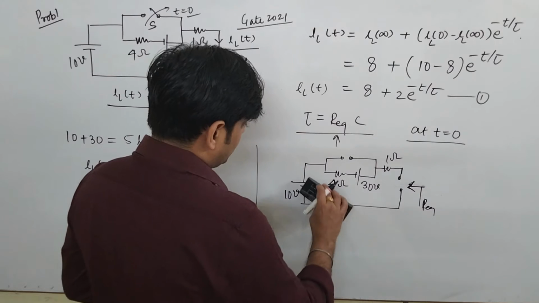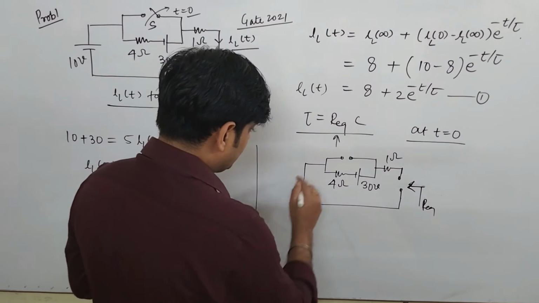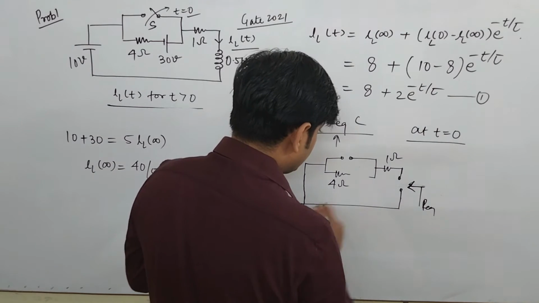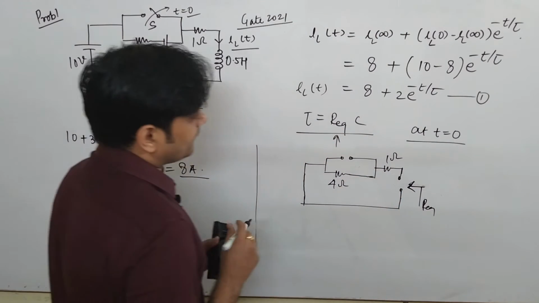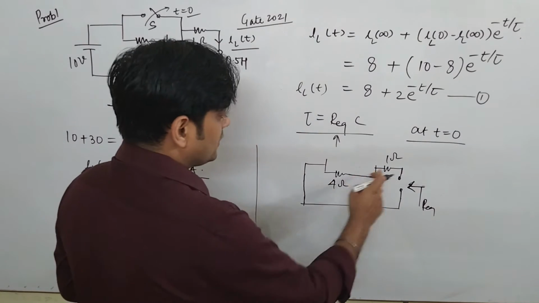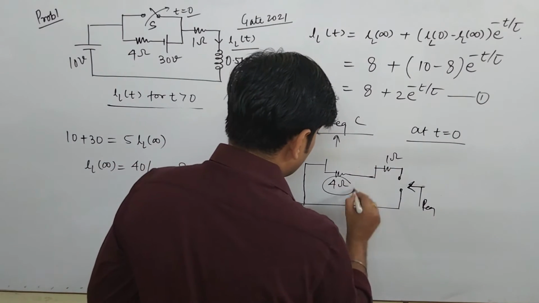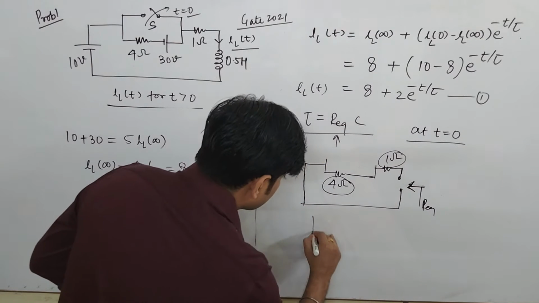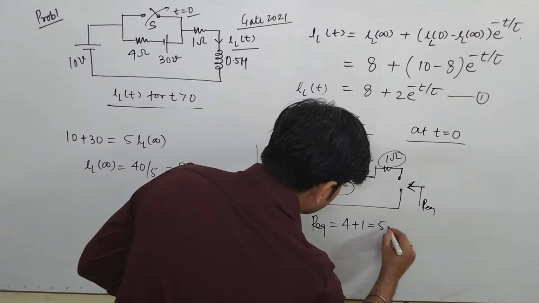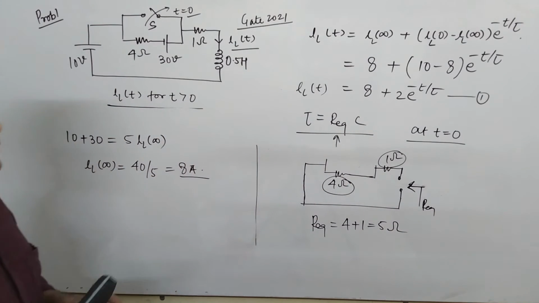Now for finding out the R equivalent, since it is a voltage source, the voltage source will get short circuited. This voltage source will also get short circuited. This you can remove here, because it is an open branch. So you can say that 4 and 1 is in series. So R equivalent is 4 plus 1, that is 5 ohm.